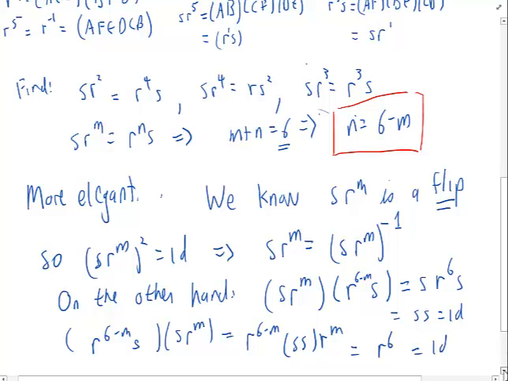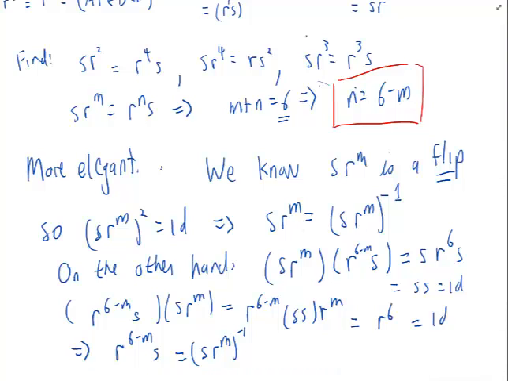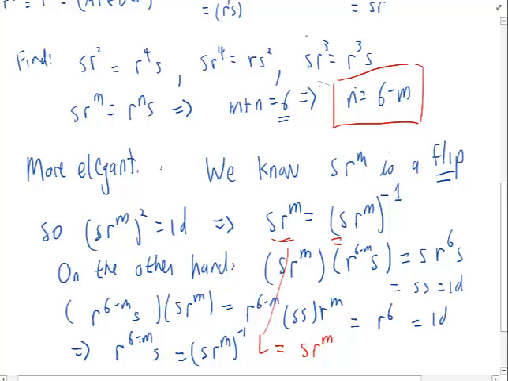So what does that mean? That means that r to the 6 minus m s is equal to sr to the m inverse. But sr to the m inverse is just equal to sr to the m. So that means that r to the 6 minus m s equals sr to the m.